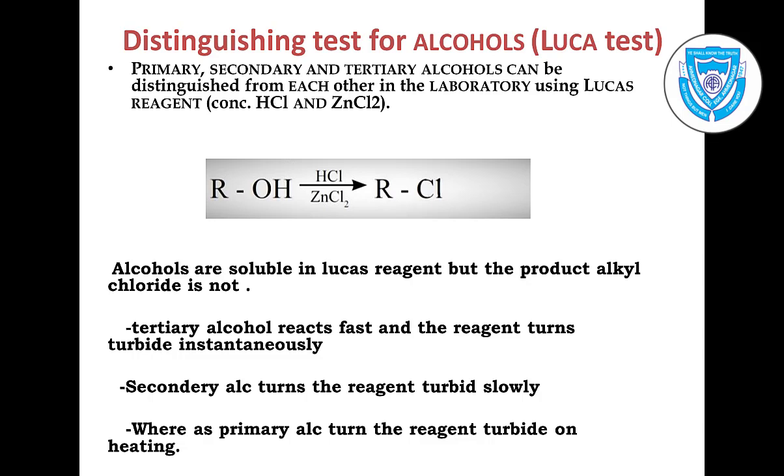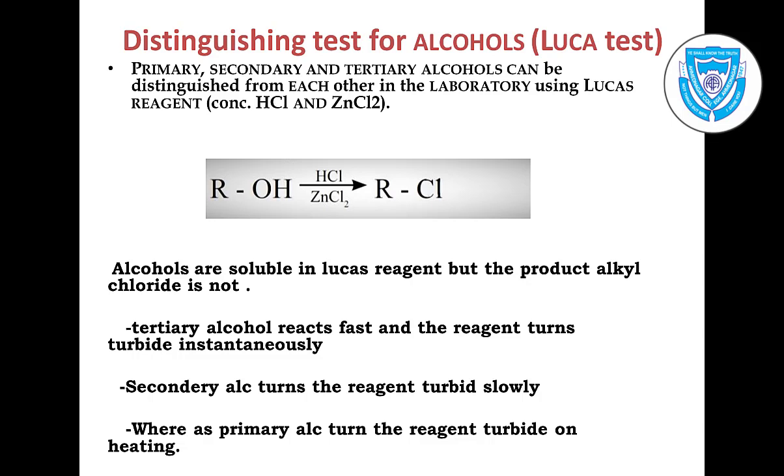How do we know whether it is a primary, secondary or tertiary alcohol? In case of a tertiary alcohol, the alcohol reacts fast and the reagent turns turbid instantly. In case of a secondary alcohol, the turbidity will be shown slowly.